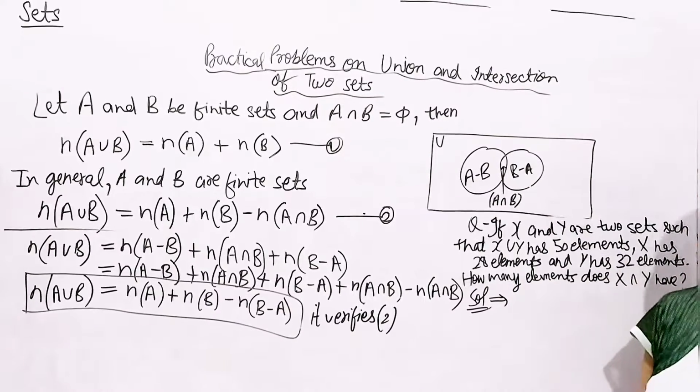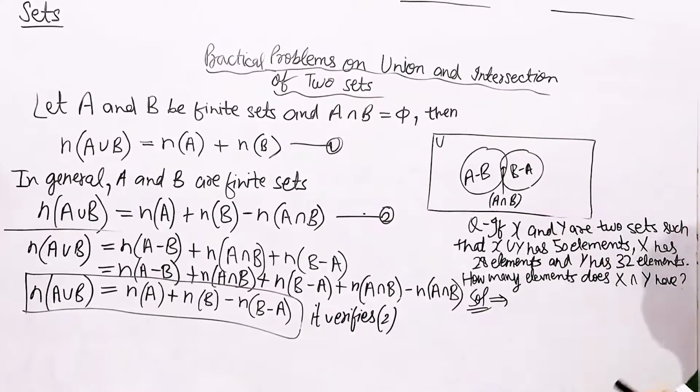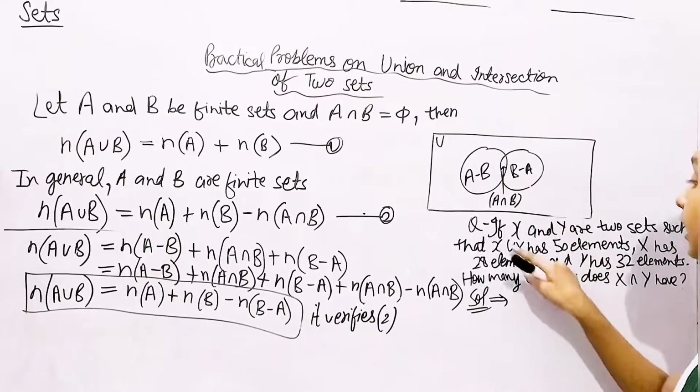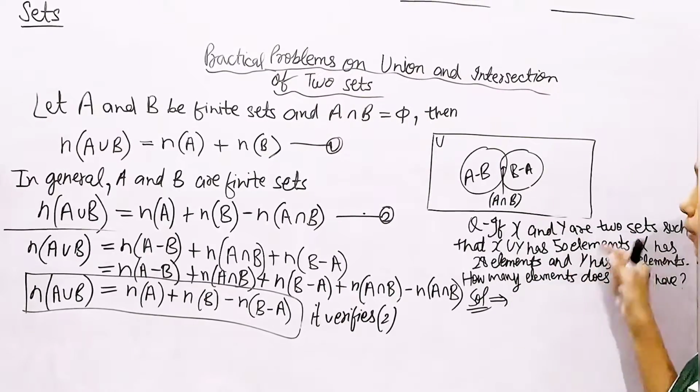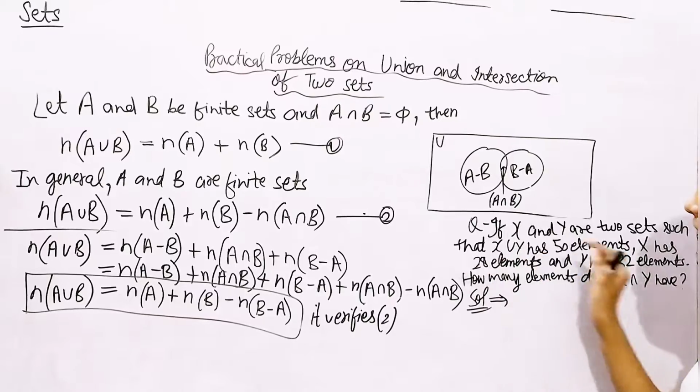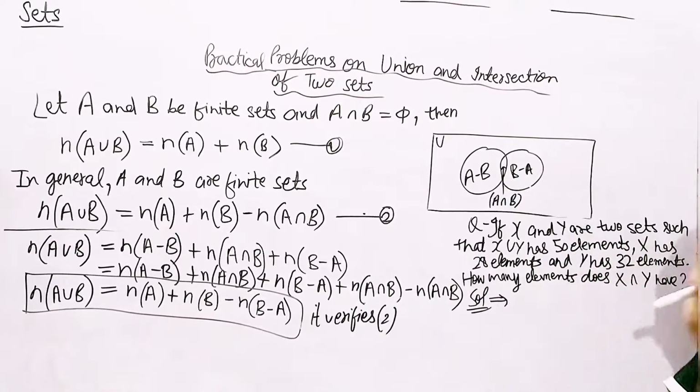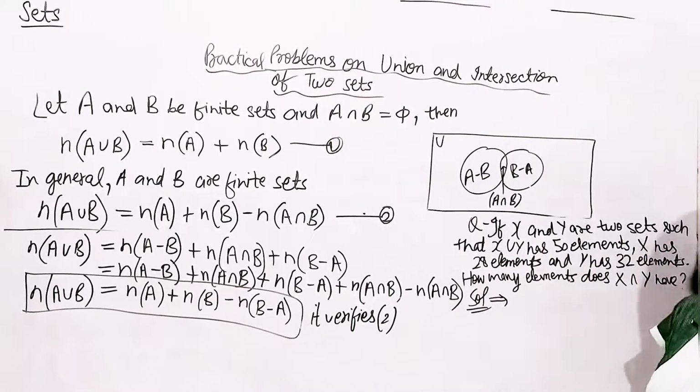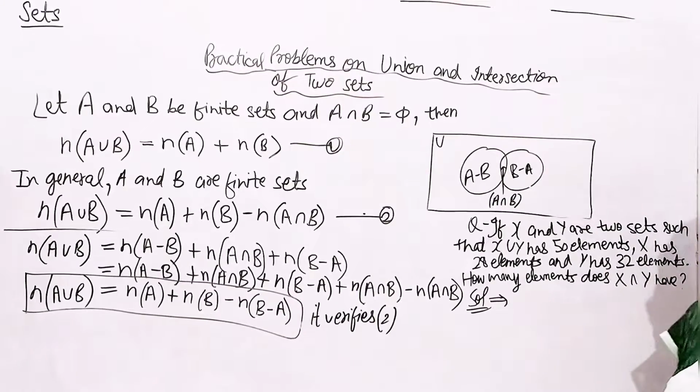So in this one, it is saying that X union Y has 50 elements, X has 28 elements, and Y has 32 elements. We have to tell the number of elements in X intersection Y.